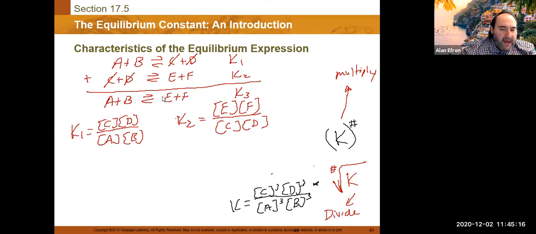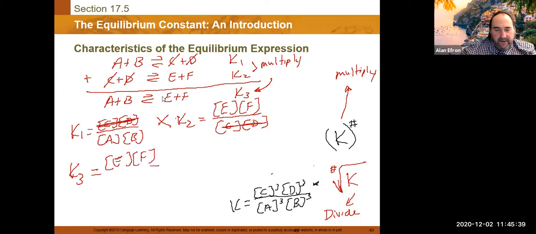So when we add two reactions together and we want this K value here, we actually multiply these two values together. If I multiply these two values together, the C's and D's would cancel. And that would leave us K3, which is our E times our F divided by our A times our B, which is what we get when we write the equilibrium expression for the overall reaction.